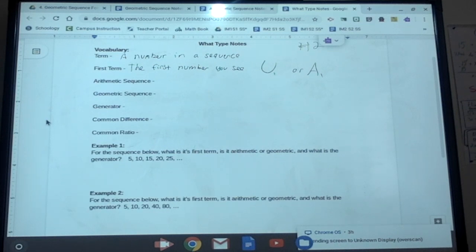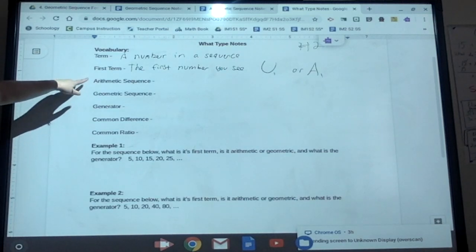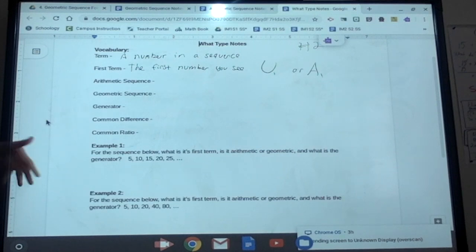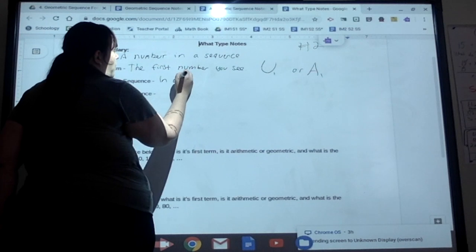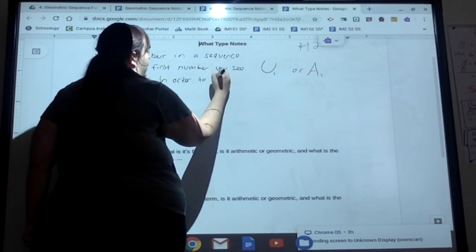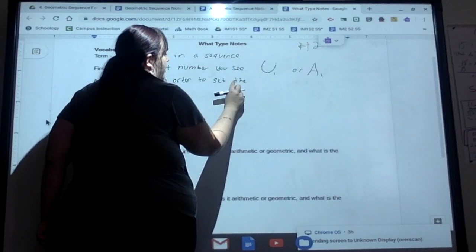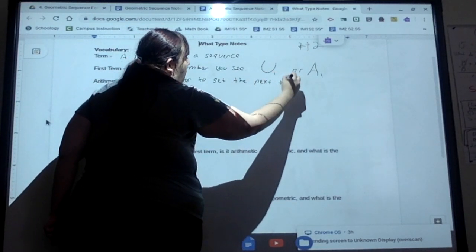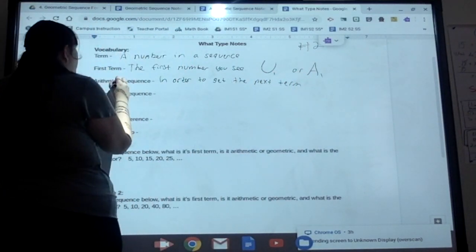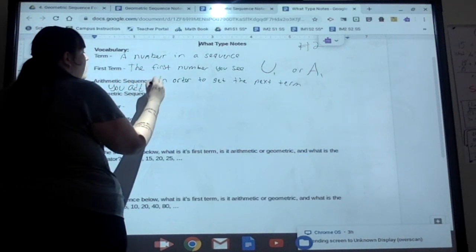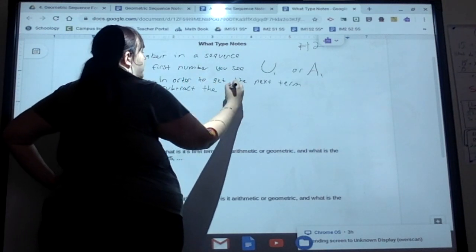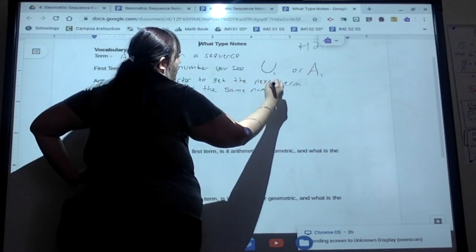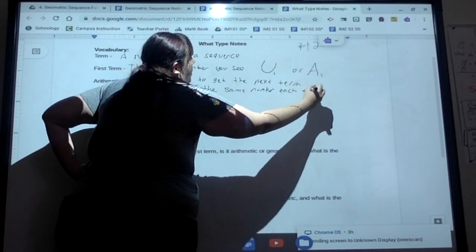There are 2 types of sequences that are super common in math. There's arithmetic. An arithmetic sequence is one where, in order to get the next term, you add or subtract the same number each time.